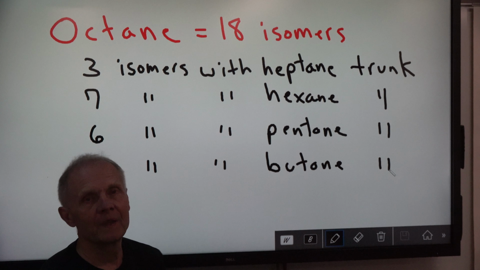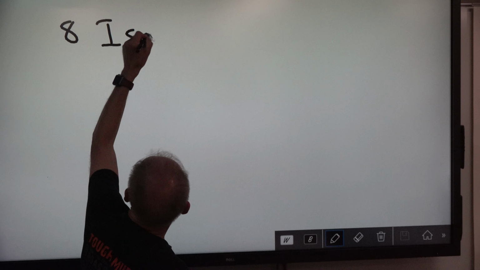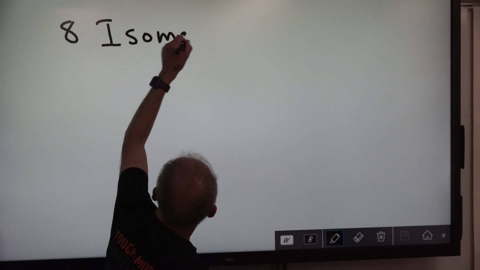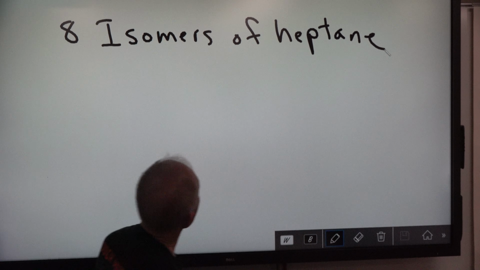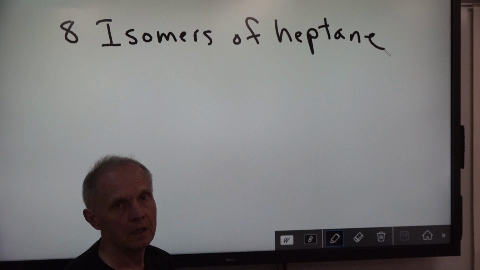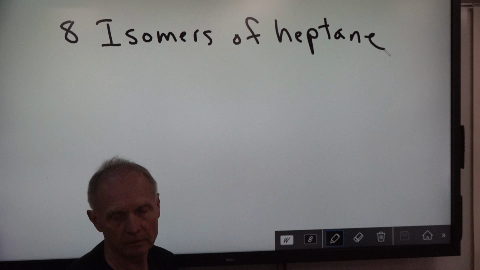And I'm going to break that down right now. Remember, this is bonus. There are 8 isomers of heptane. Remember, you start with normal heptane.